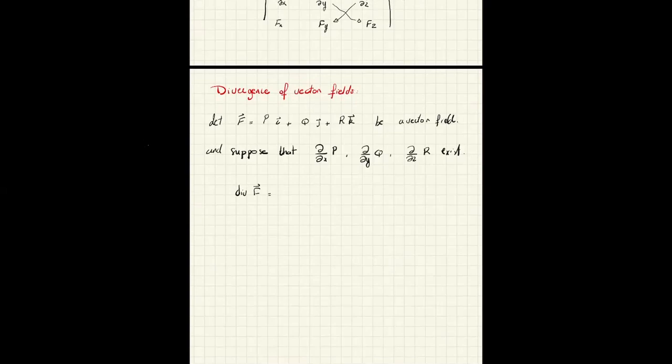You take dx of P plus dy of Q plus dz of R. Formally speaking, also make sure you understand these notations, this is the scalar product of the gradient with the vector F. This is symbolic computation: dx, dy, dz, scalar with P, Q, and R, right?